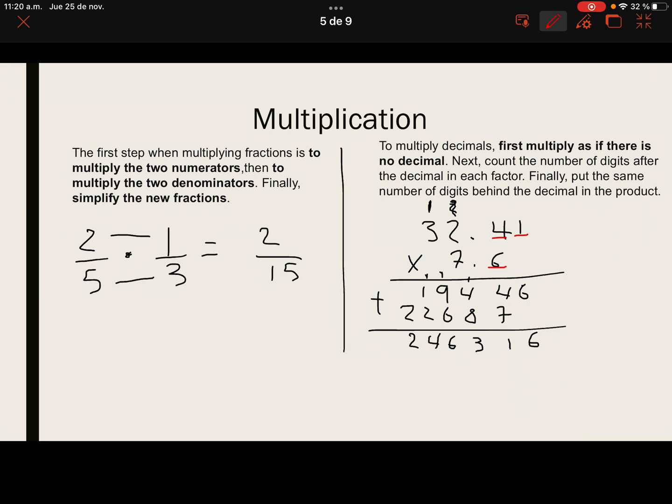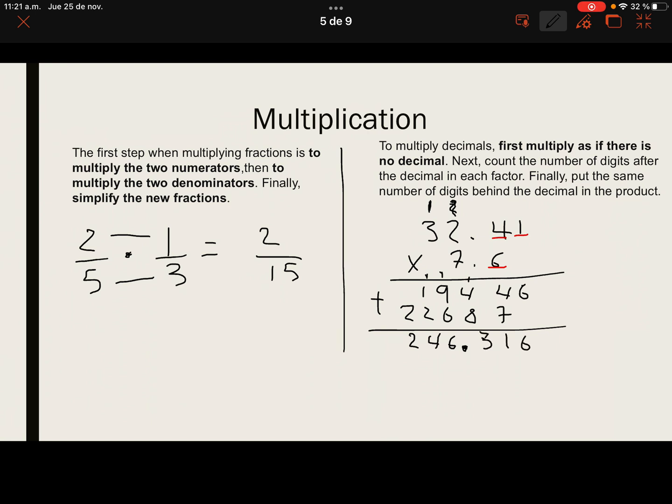Then in total, we have 3 numbers after the decimal point. Then we have to keep 3 numbers after the point. Okay, then here is going to be the point. Remember, 1, 2, and 3 numbers after the decimal point, because that is the total. Okay, then here the answer was 316.